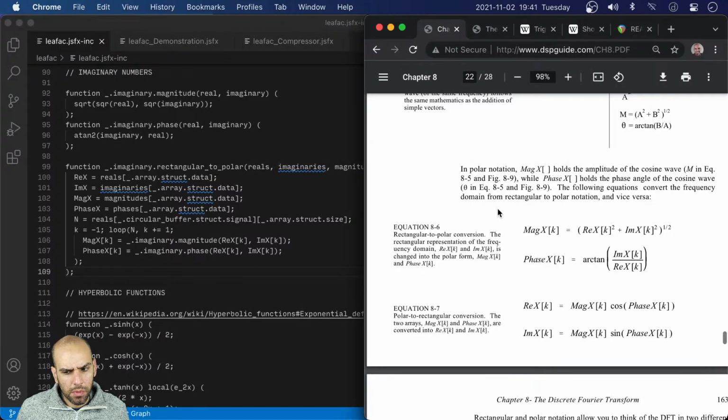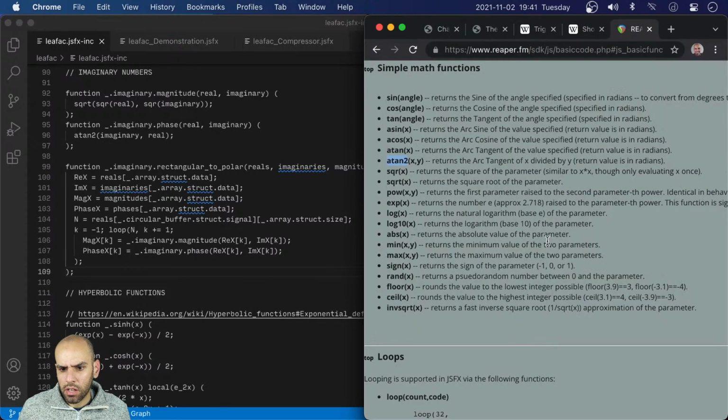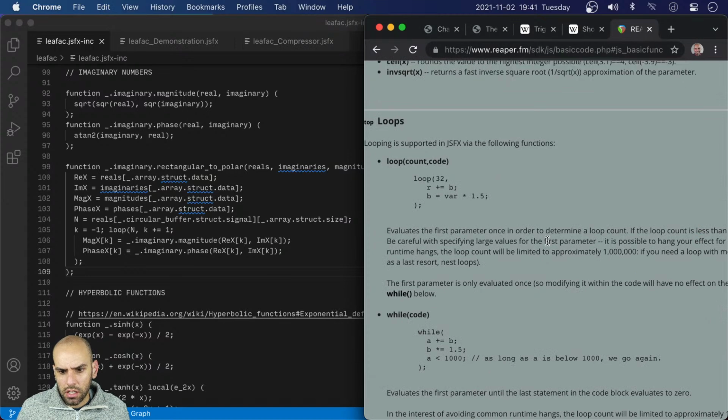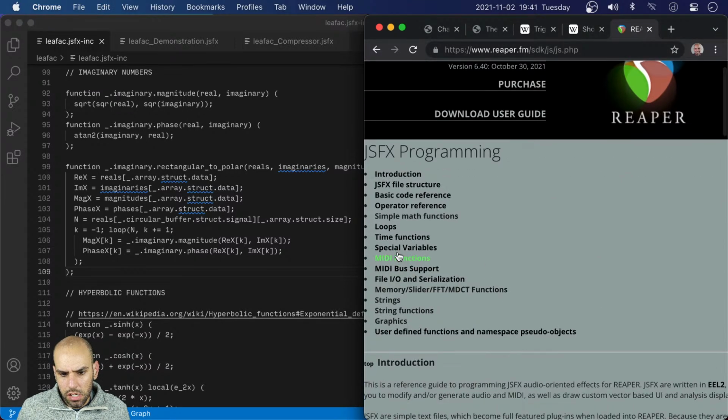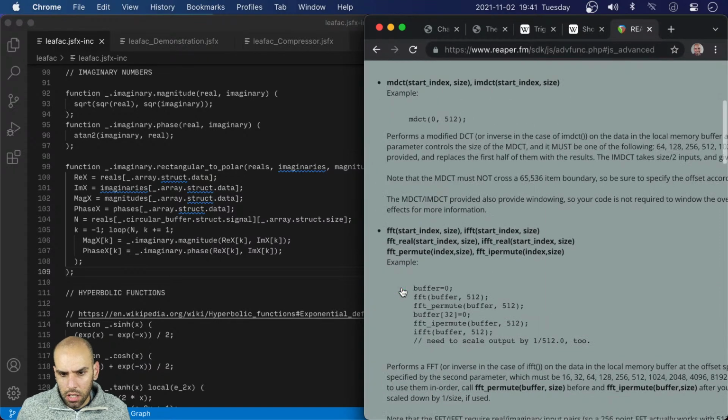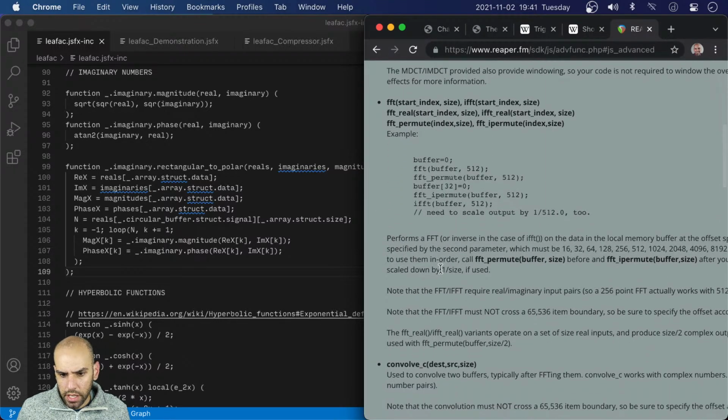Oh, maybe the normalization thing. I'm pretty sure I need to normalize this. In the JSFX documentation where they talk about FFTs, I think that they have something about this. Yes, you have to scale this down, dividing by the size. I don't know when I'm going to divide by the size.